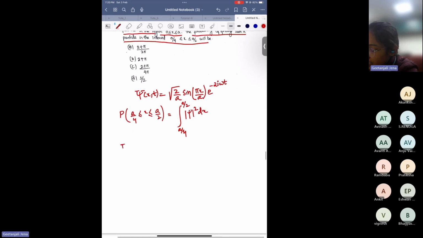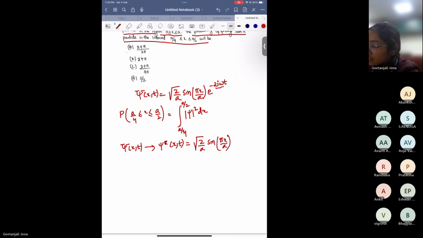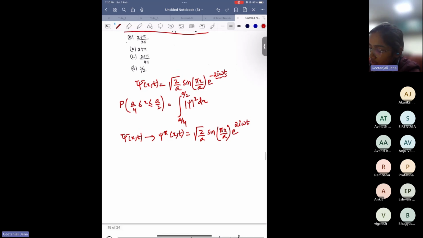Now psi of x,t is given. So you have to find out what is the value of psi star x,t. So psi star x,t will be root over 2 by a sin pi x by a, and this minus i term will become plus i, so it will be e to power i omega t. Now use this equation and put it in the integral.